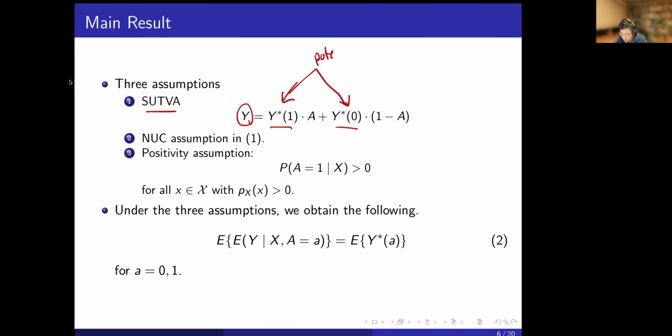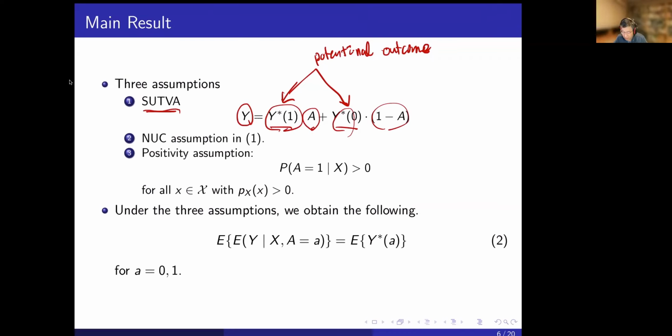The potential outcome is treated as fixed, and then you just choose either A equal 1 or A equal 0. You choose one of the two. In that sense, they are fixed. That is often called the SUTVA assumption.